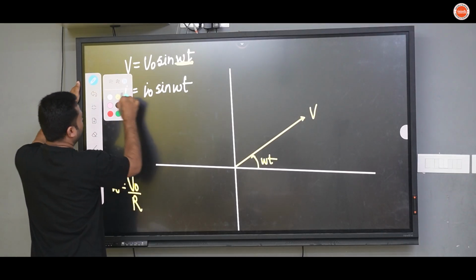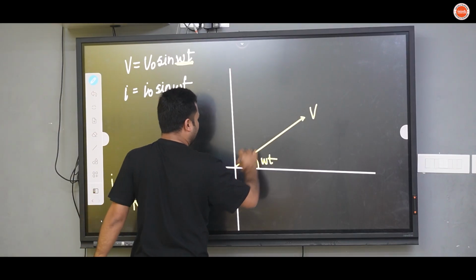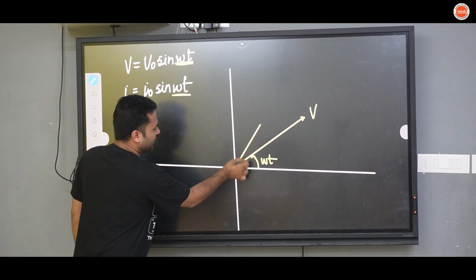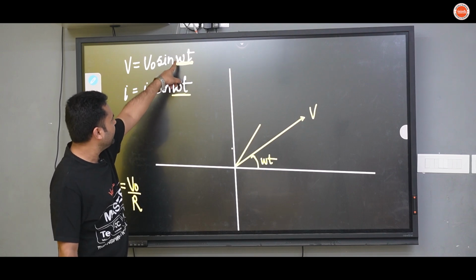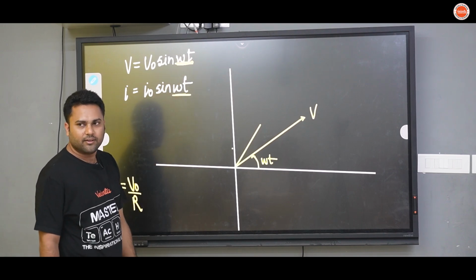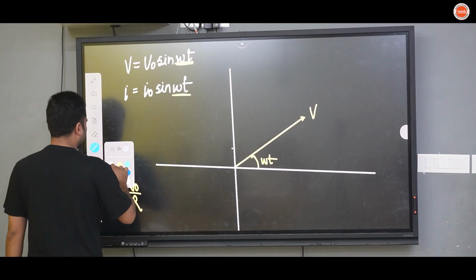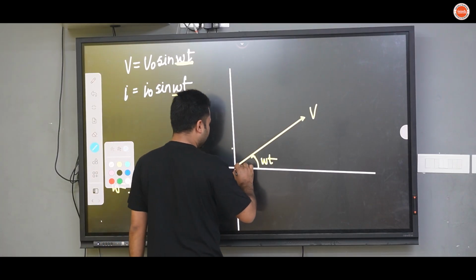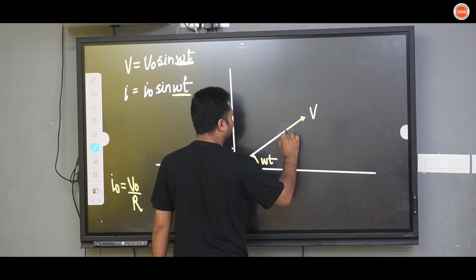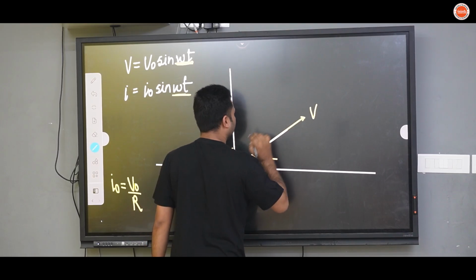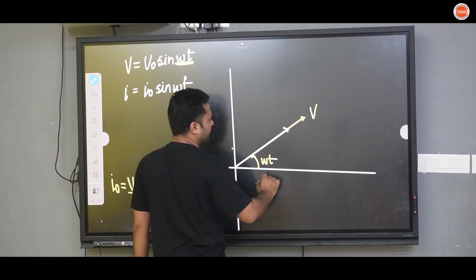Here also omega t. So you can't draw current like this, because that will be wrong, as the angle would change. Here also the angle is omega t, so we should draw it in the same line. Current will be like this, but a little bit smaller because its value is less. So this is current.